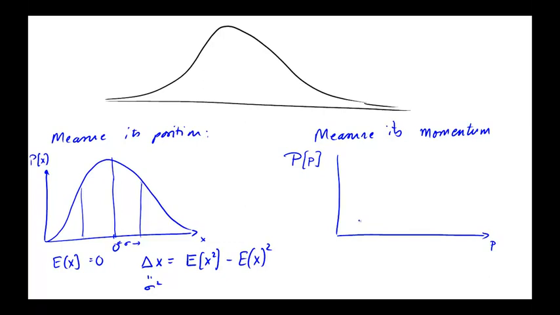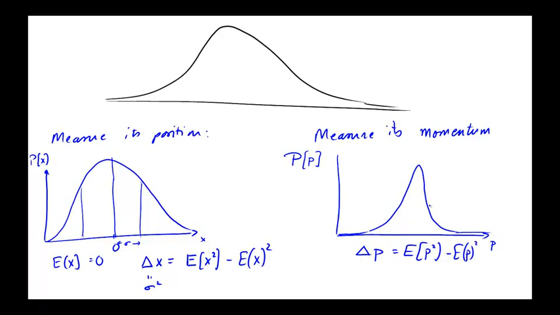And again, we might get some sort of a probability distribution which might look somewhat different than this. And again, we are interested in the spread in p, which is the expected value of p squared minus the expected value of p, whole thing squared. So it's the square of the standard deviation of this curve.